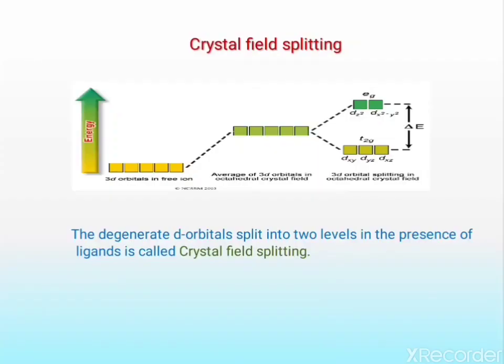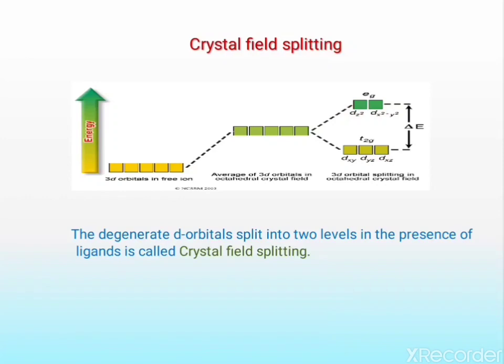Crystal field splitting. You see in this figure, this is the d orbital of the free metal ion. This is the d orbital in the excited state. When ligands approach the central metal ion, the d orbital splits into two sets, T2g and Eg.